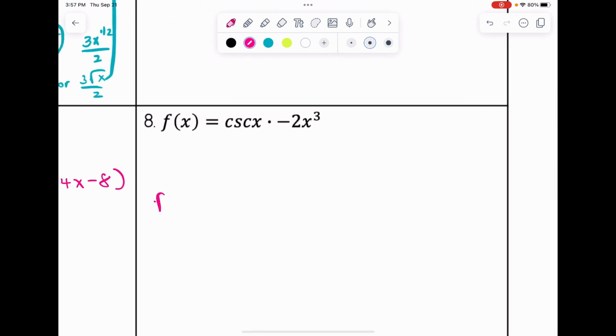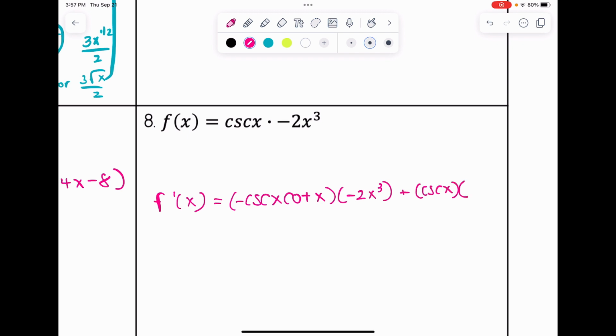Number 8. The derivative of cosecant is negative cosecant x cotangent x times the second term, negative 2x cubed, plus the first term, cosecant x, times the derivative of the second, which is negative 6x squared.